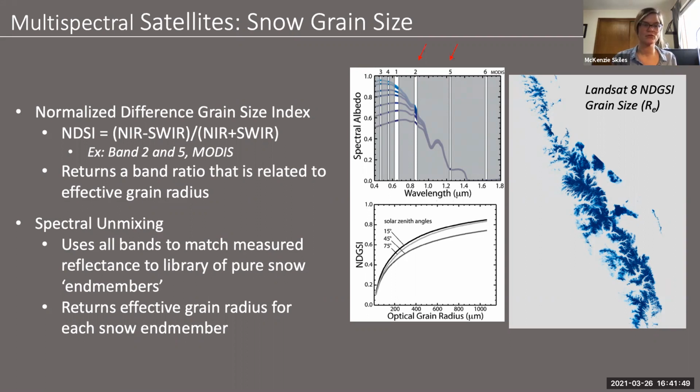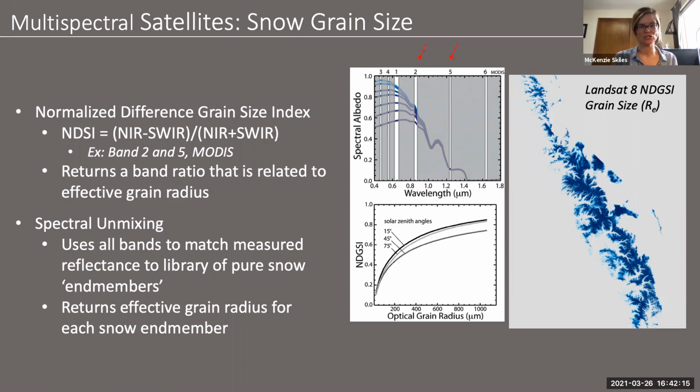An example for MODIS is band 2 and band 5, which I'm pointing out with red arrows here. You can see that the reflectance is quite different in band 2 and band 5. This also returns just a ratio, and that ratio is then related back to optical grain radius.